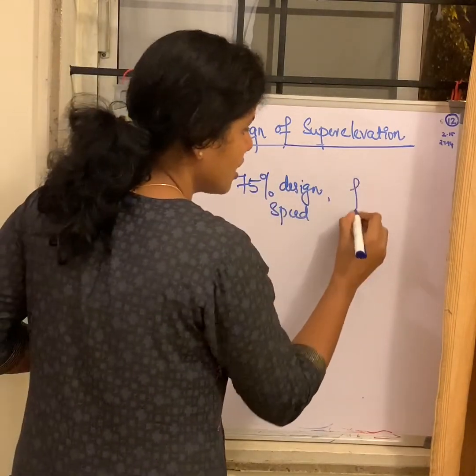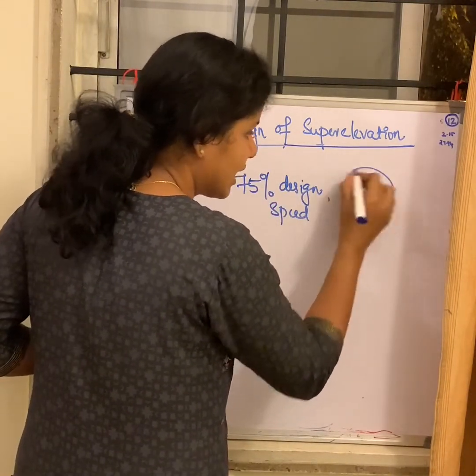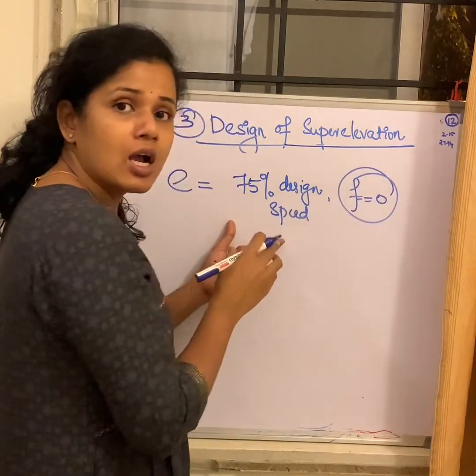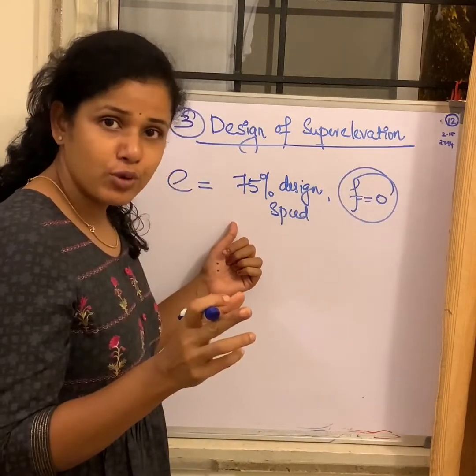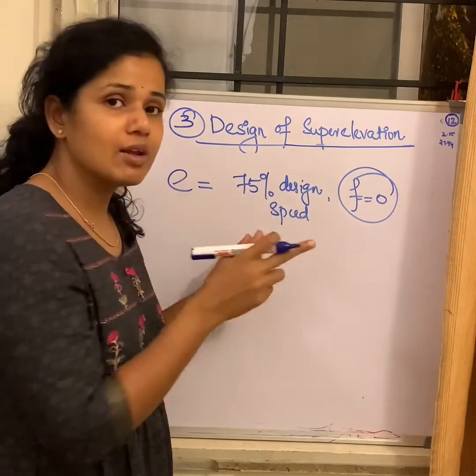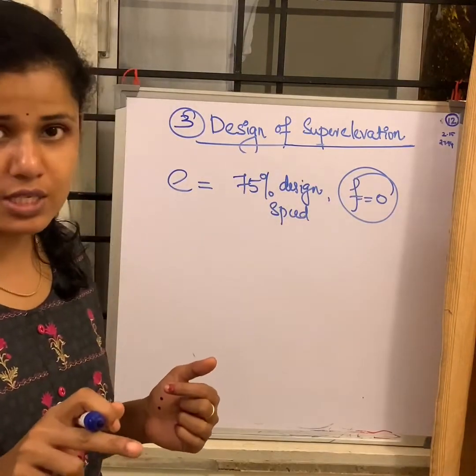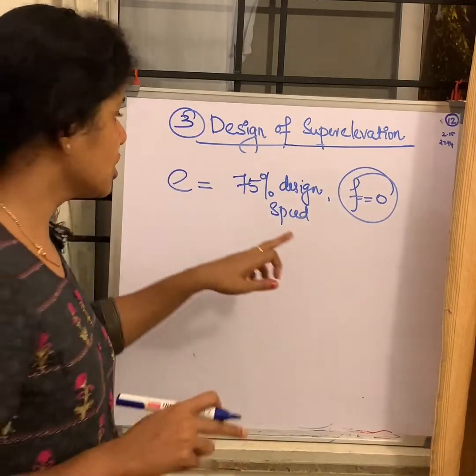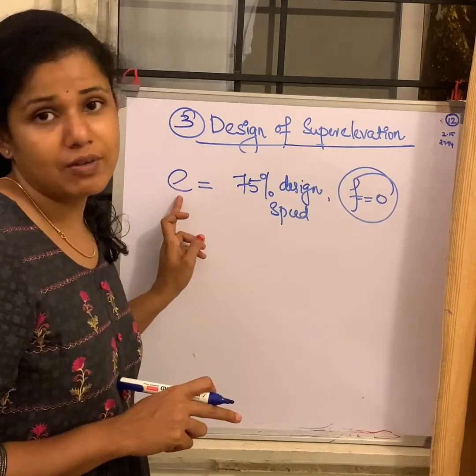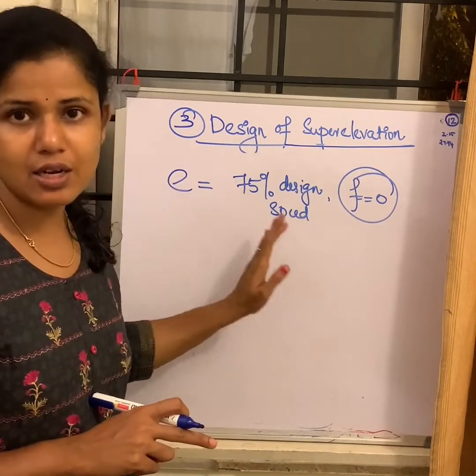That means F equal to 0. Neglecting the friction, consider the centrifugal force which is going to develop for 75% of the design speed. For that condition, calculate your super elevation value. This is the design recommendation.